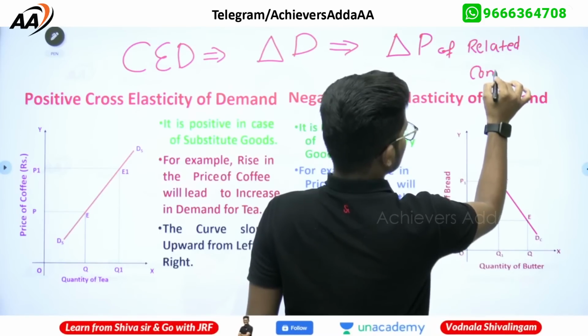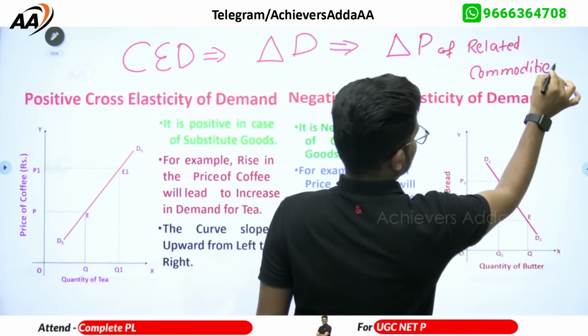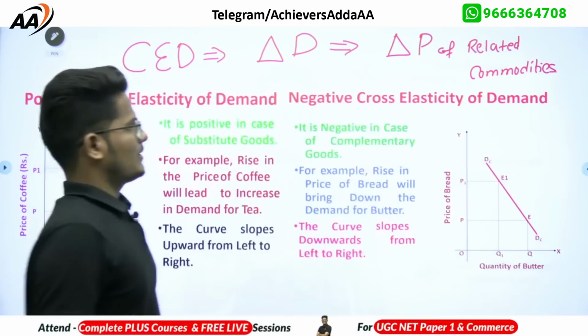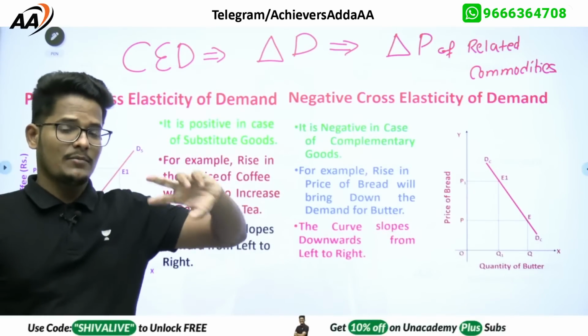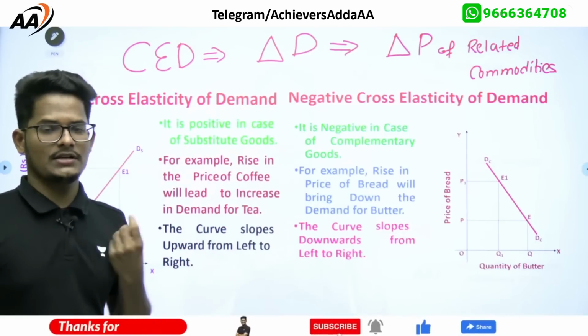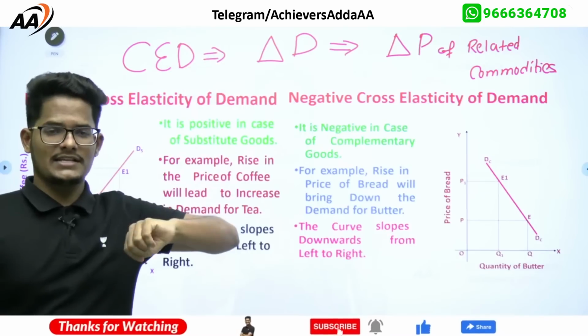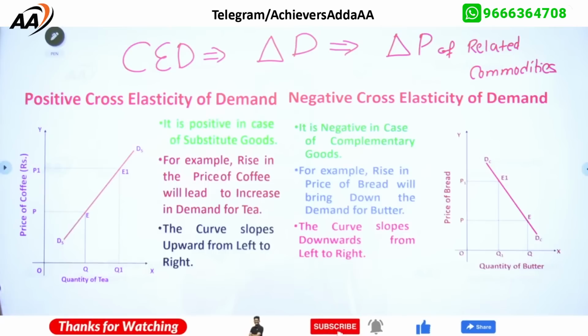Related commodities means complementary and substitutes. If the price of the related commodity, that is the substitute, changes, demand of our product will change. If the price of the complementary changes, demand of our product will change.